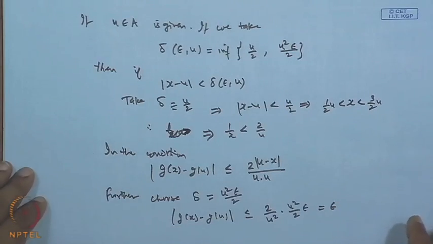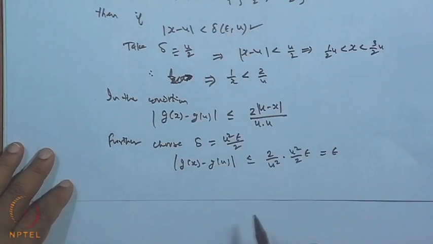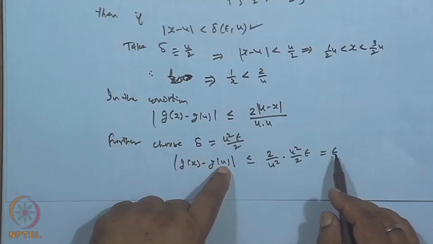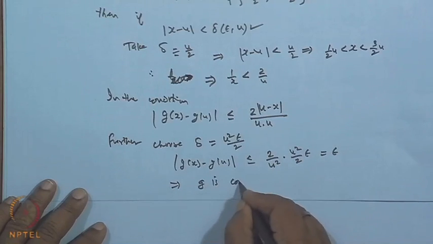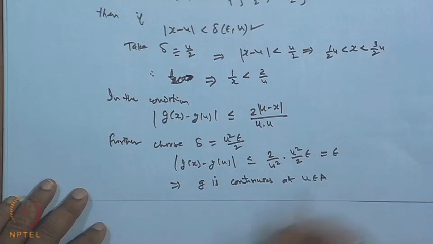So if mod of x minus u is less than delta for all such x, then mod of g(x) minus g(u) is less than epsilon. This shows that g is continuous at u belonging to A.